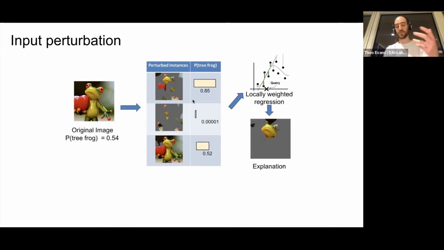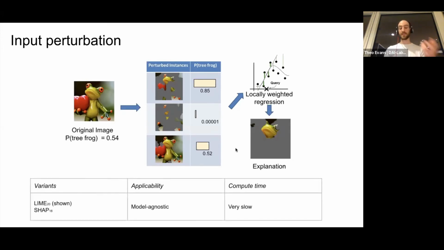By bringing together all of these partially occluded images, we can build up a picture of to which parts of the image the model was most sensitive to deletion. This gives us some kind of proxy idea of which parts of the image were the most important for the model for that classification.